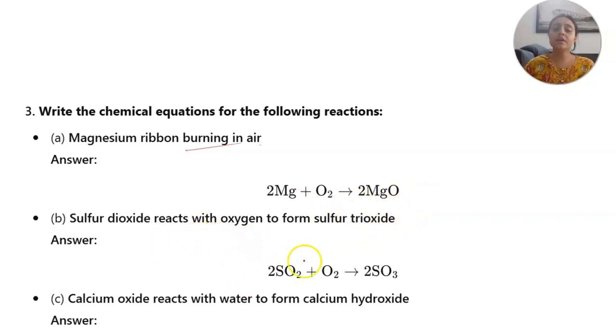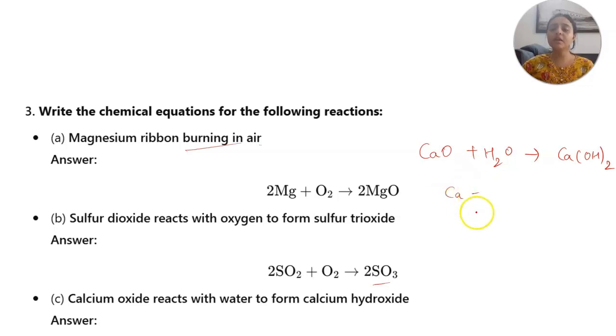Similarly, sulfur dioxide reacts with oxygen, so we'll get the sulfates, right? It's acid rain. Then, calcium oxide reacts with water to form calcium hydroxide. So it is simple. Calcium oxide will react with water, H2O, and it will give out calcium hydroxide. You need to balance it as well.